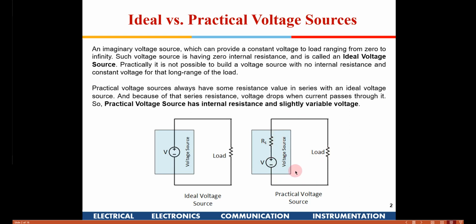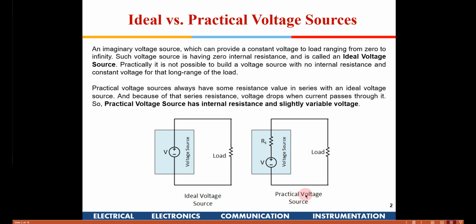So in all practical voltage sources, there will be a series resistance along with the voltage source, and when current flows in this series resistance, the output voltage available across the load will decrease. The more current we draw from the source, the more drop there will be across the Rs resistance, that is the source resistance, and the terminal voltage will drop. So that is the difference between an ideal voltage source and a practical voltage source.